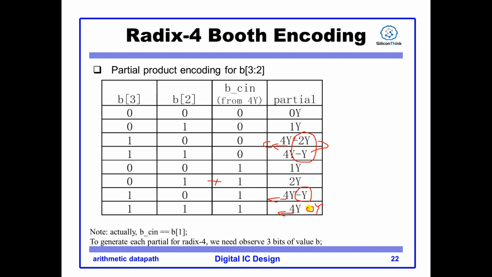So you can say when we encode the most significant bit, the carry will only depend on the value of the most significant bit.